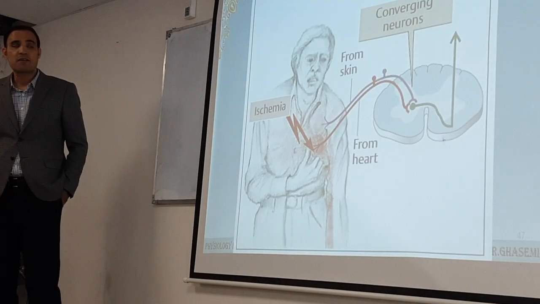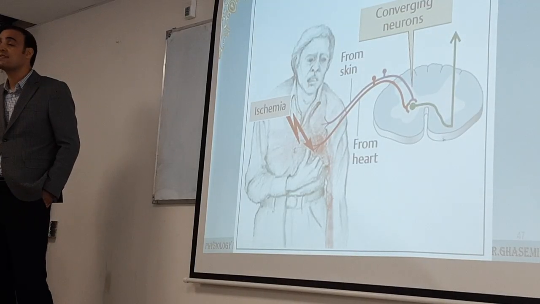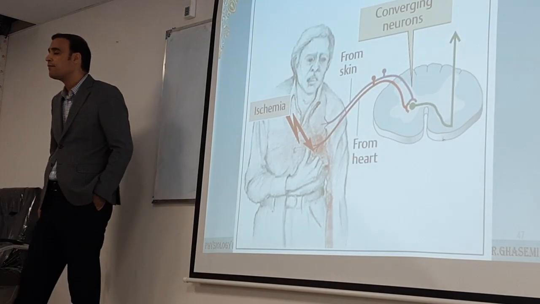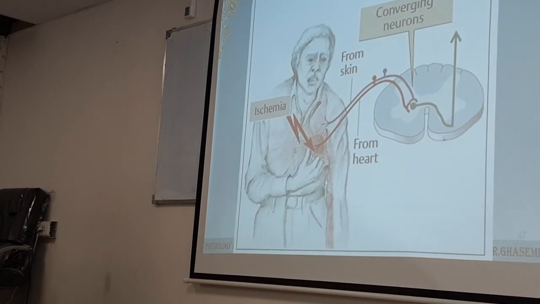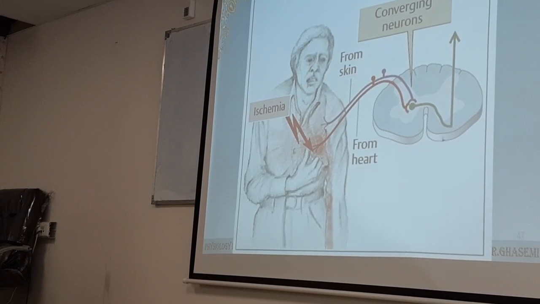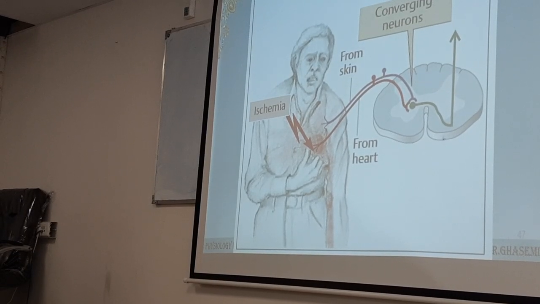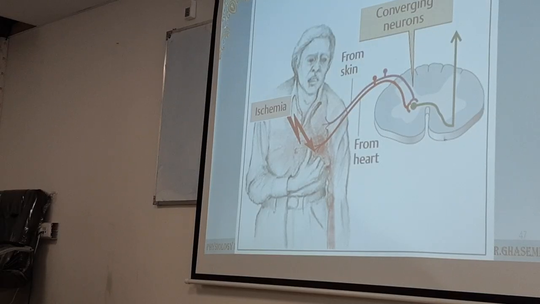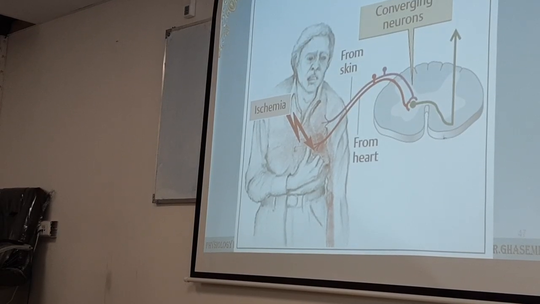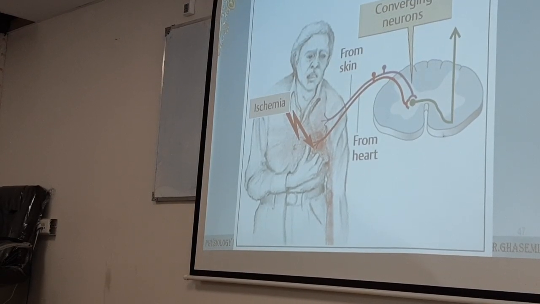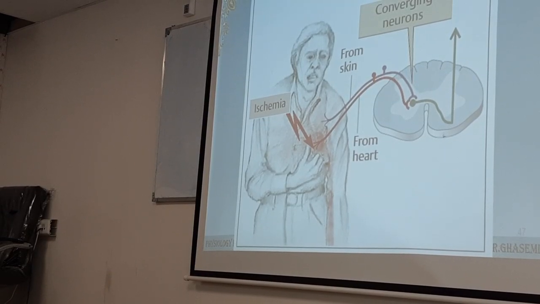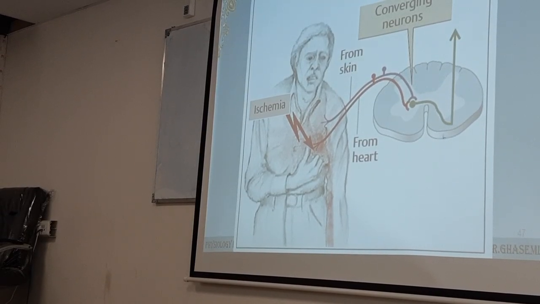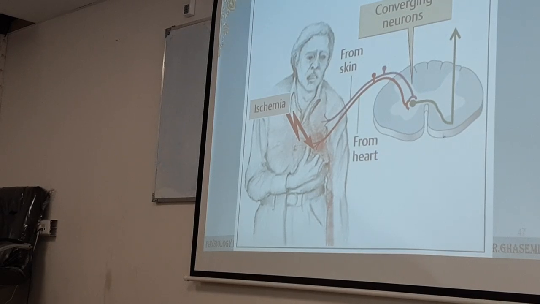Okay, now we have a process named referred pain. What is referred pain? The patient comes to you and says, doctor, I have a problem, I have a pain in the left side of the chest, this part, left shoulder, left arm, in this area of the neck, and you get worried.